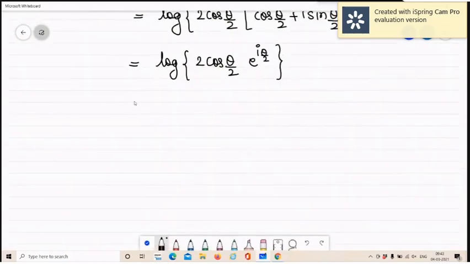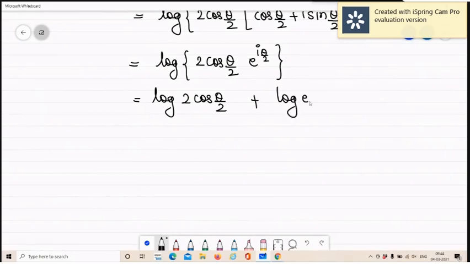And then we will start with the plus part. So what are we getting here? It will be log of 2 cos theta by 2 plus log of e raised to i theta by 2. Everything has come.